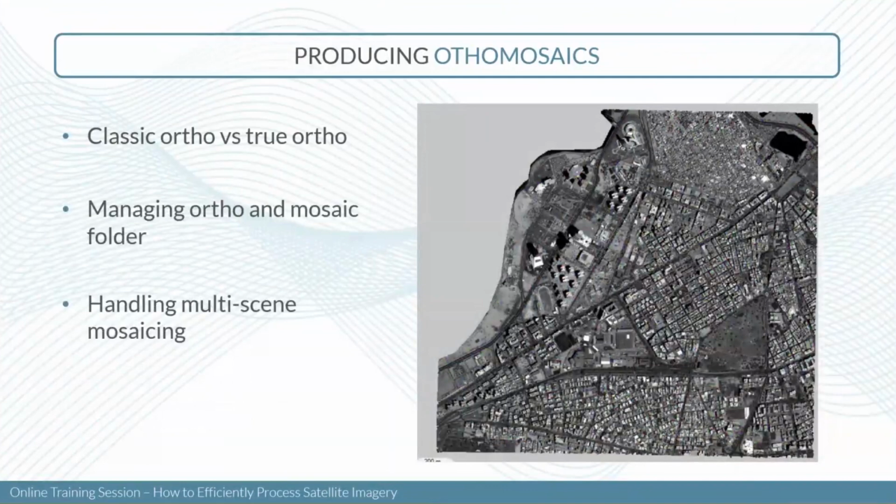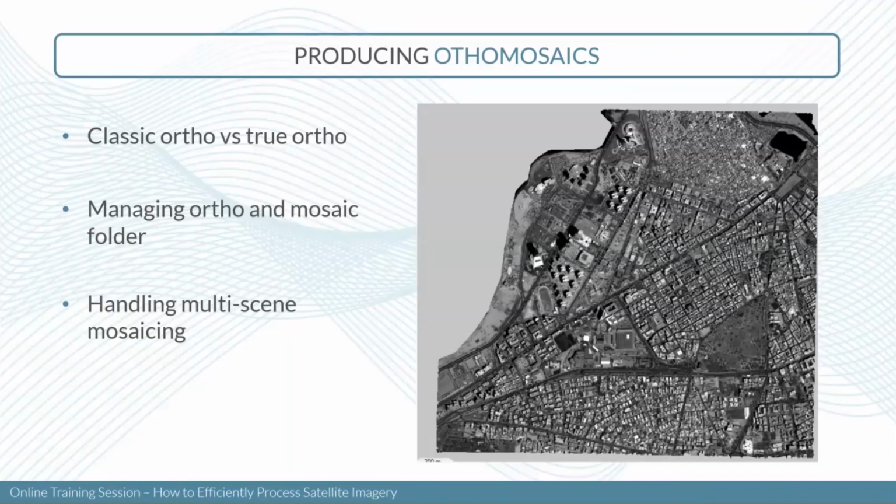So now, producing an orthomosaic from the satellite imagery. We offer the possibility to generate 2 types of orthomosaic, what we call the classic ortho and the true ortho. Basically, the classic ortho is going to be ortho-rectified images from the terrain model. So we're going to correct all the topography deformation and also all the camera distortion from the terrain model.